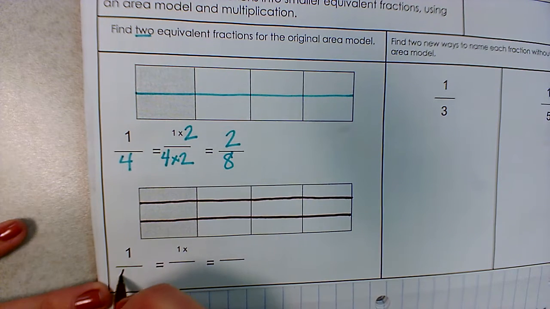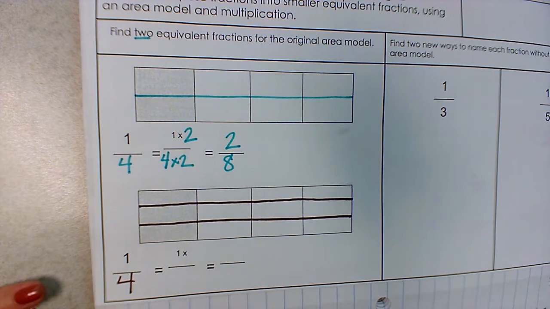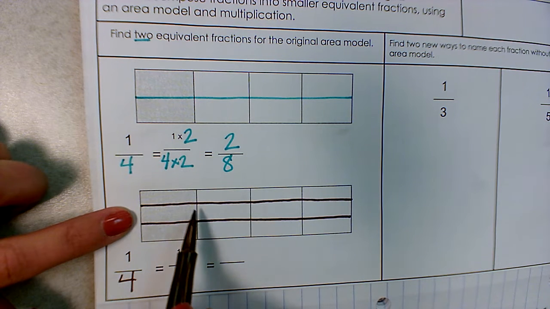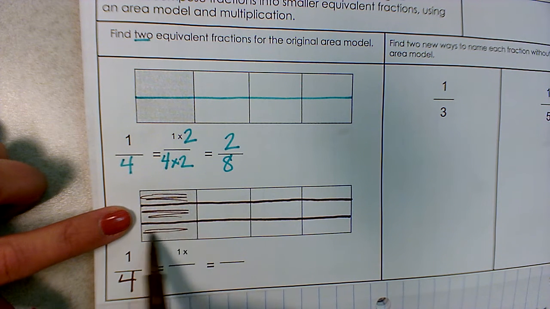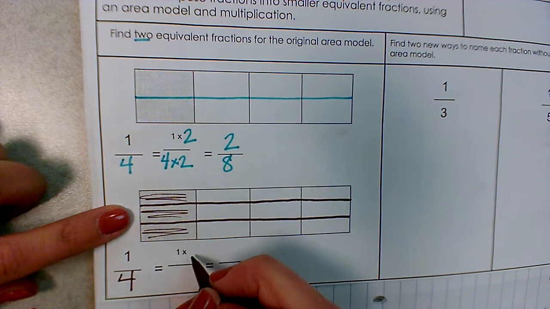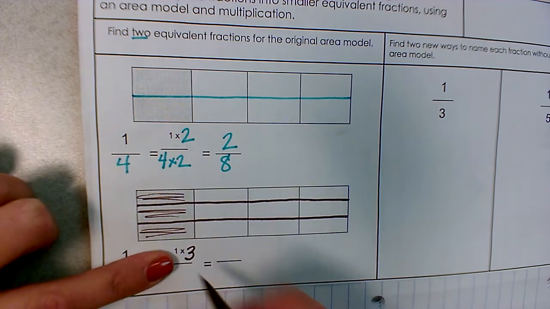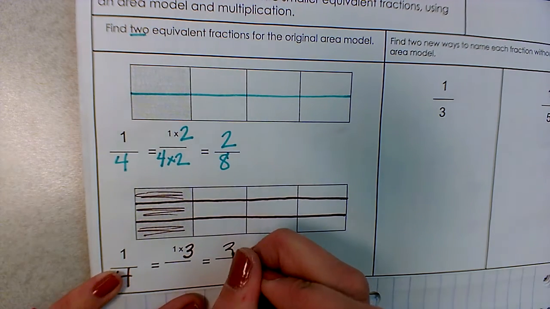Before, I already said I had 1/4. Now I've drawn 2 horizontal lines, and instead of 1 shaded piece, now I have 1, 2, 3 shaded pieces. That means I multiplied 1 times 3. And I know that 1 times 3 is 3.